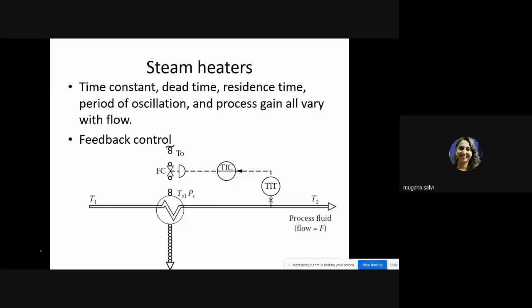The normal feedback control here differs in that we are now going to throttle the inlet of the steam itself. And we are using a fail to close valve for safety purposes. Otherwise, the operation would remain the same for any feedback control.